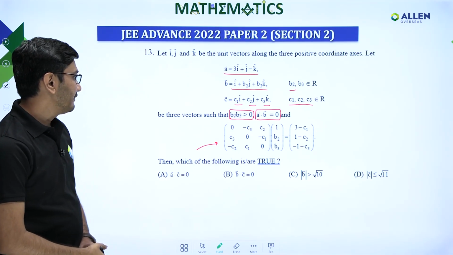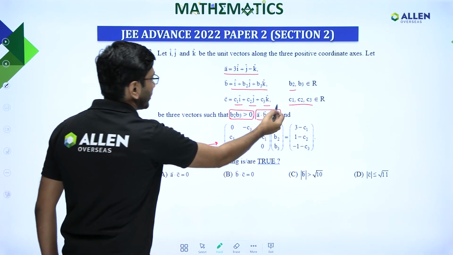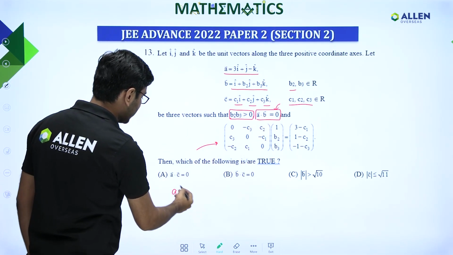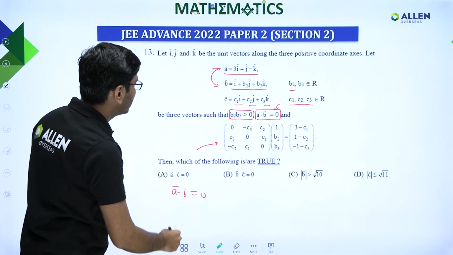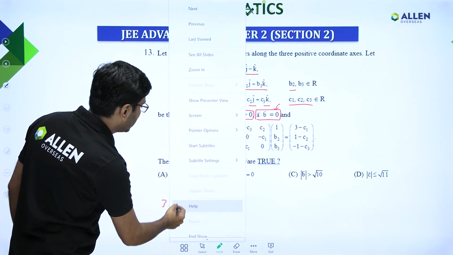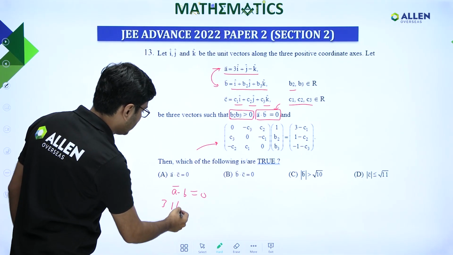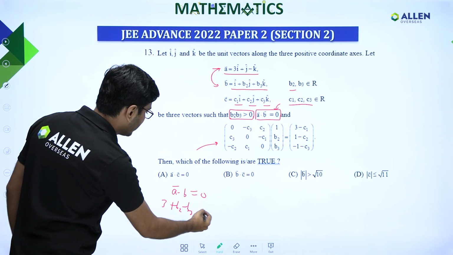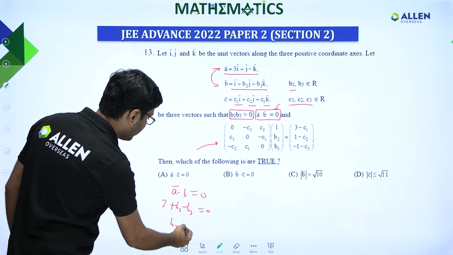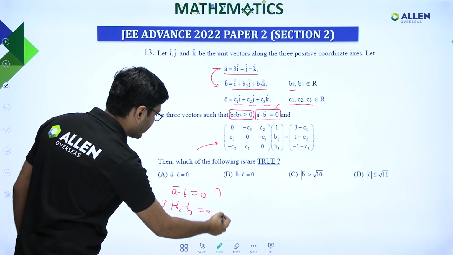They have even given this matrix form equation, and we just need to check which of the following options are correct. Very first, suppose I take the dot product of a and b as 0, I will get 3 plus b2 minus b3 equal to 0. Solving, I get b3 minus b2 equal to 3.